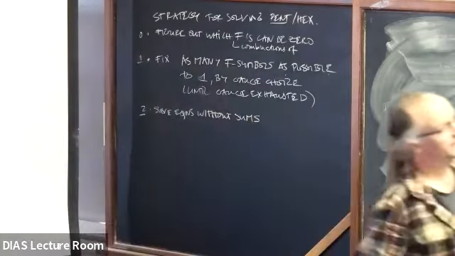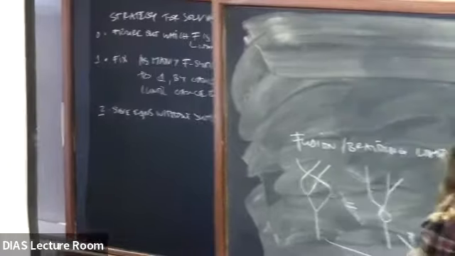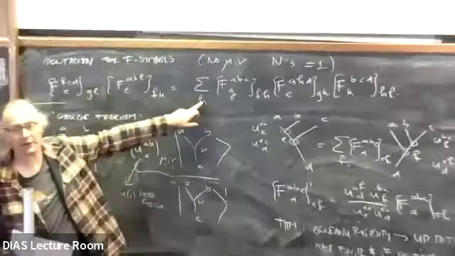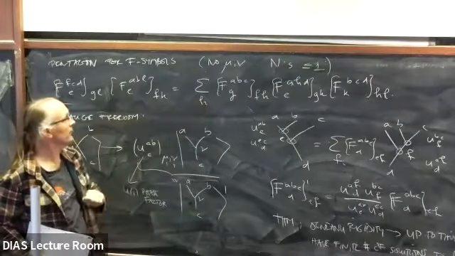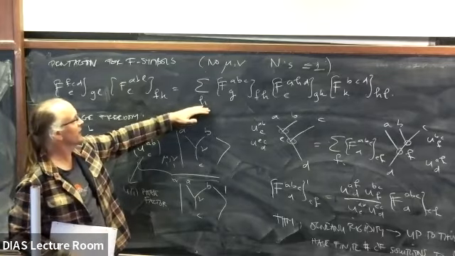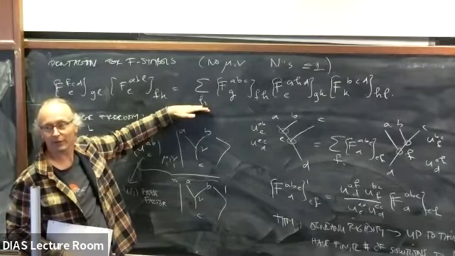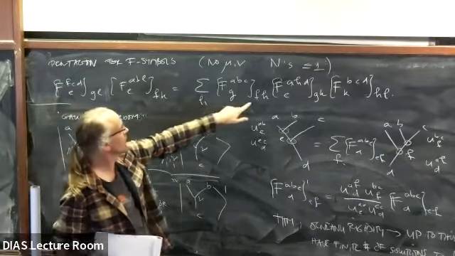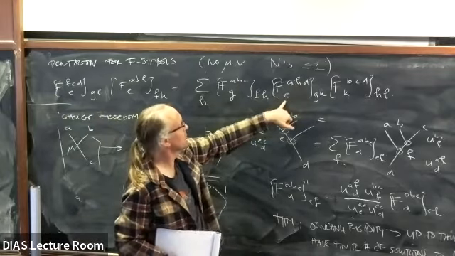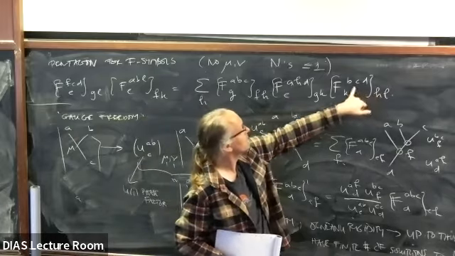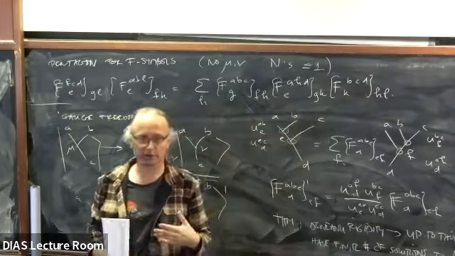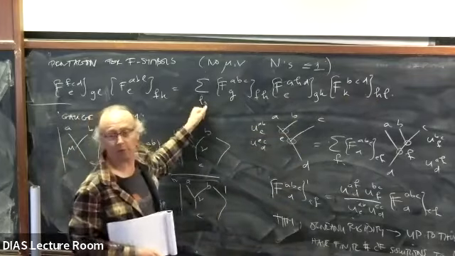Now, what do I mean here? Look at this equation here. Actually, that's one equation. See, there's a sum there. But there are many cases where this sum only has one term, because H has to occur as the fusion of B and C, A and H have to fuse to E, and H and E have to fuse to K. So there are a lot of constraints on it, and very often there's only one term.